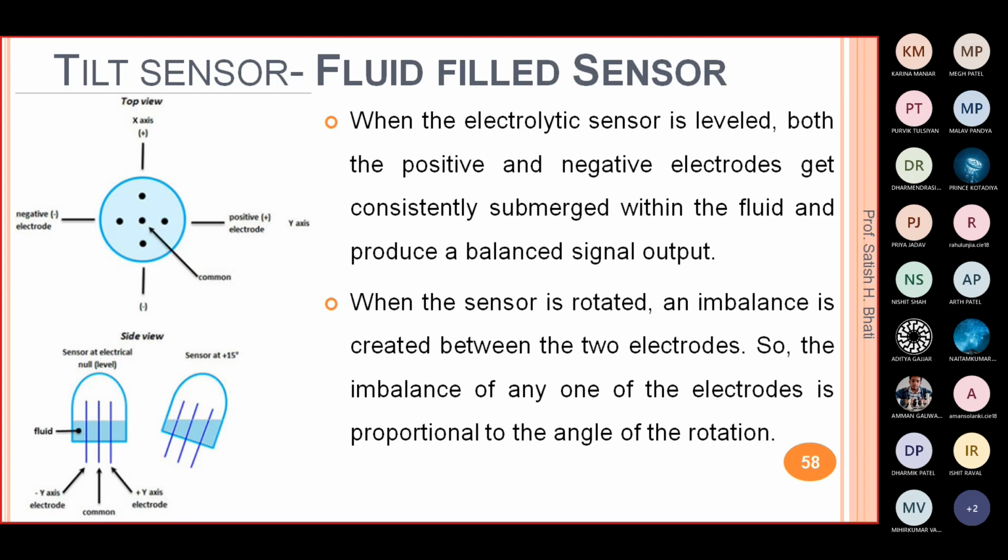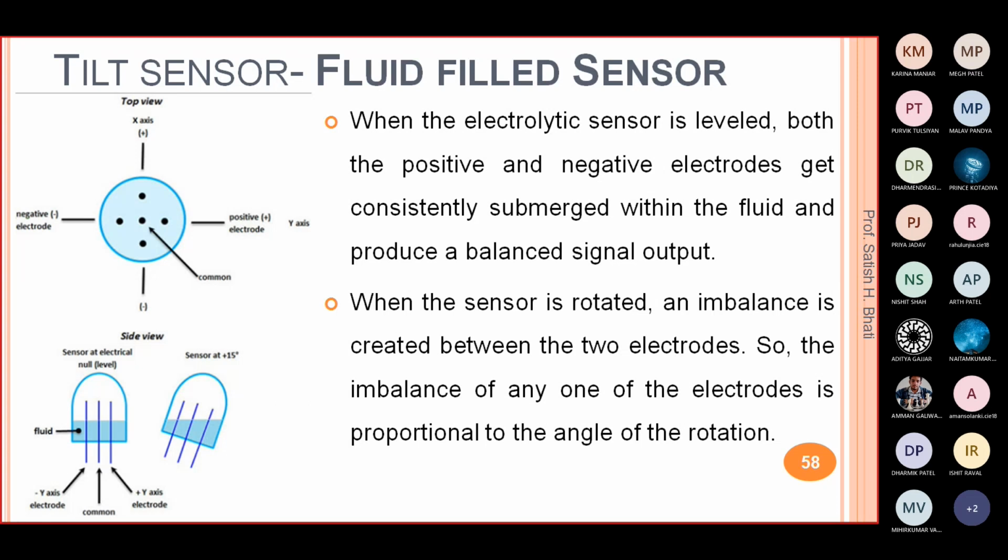And when the sensor is rotated, when it makes an angle, the fluid will become imbalanced, and this imbalance is created by more contact area with one electrode and less contact area with the other electrode, right?